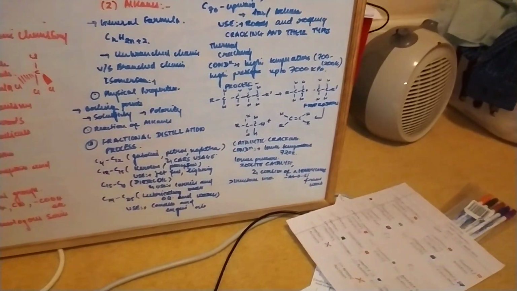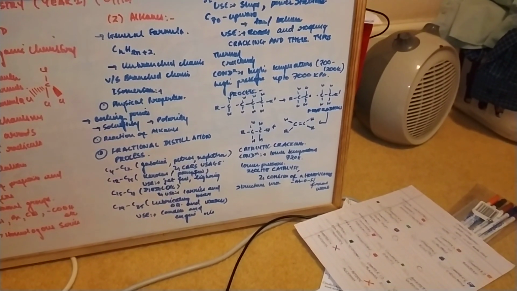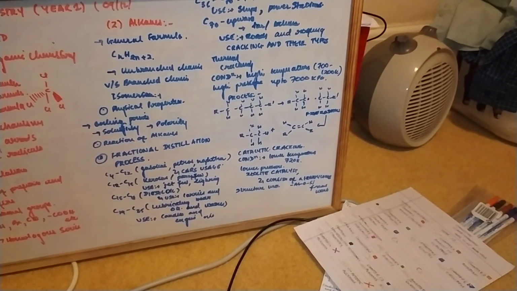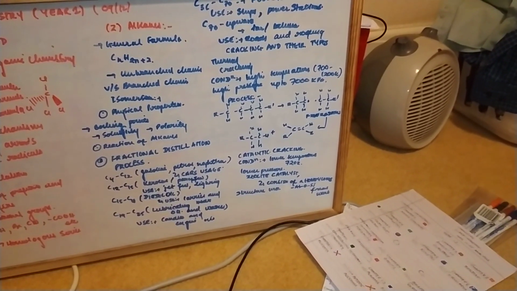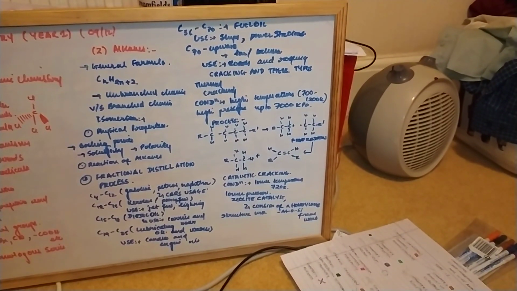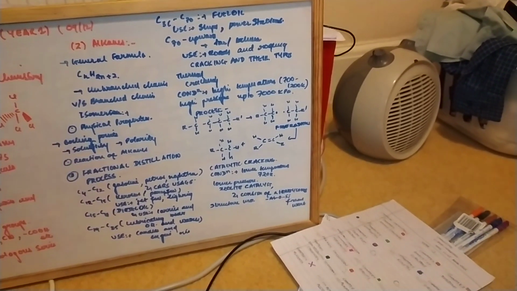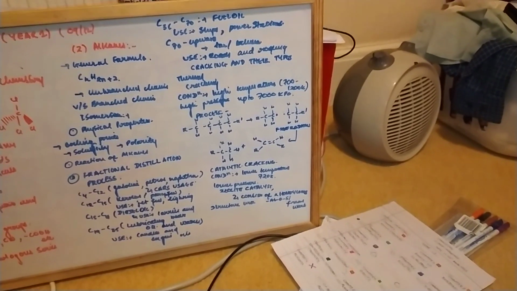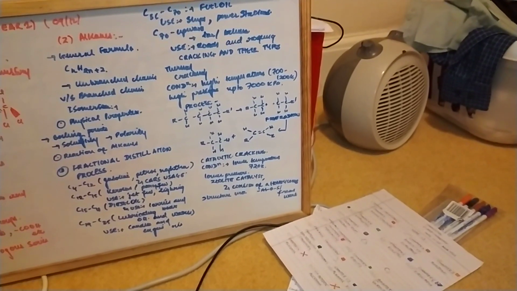Now, basically, cracking occurs due to the formation of these large, long chain hydrocarbons. The naphtha fraction from the fractional distillation of crude oil is in huge demand for petrol and by the chemical industry.